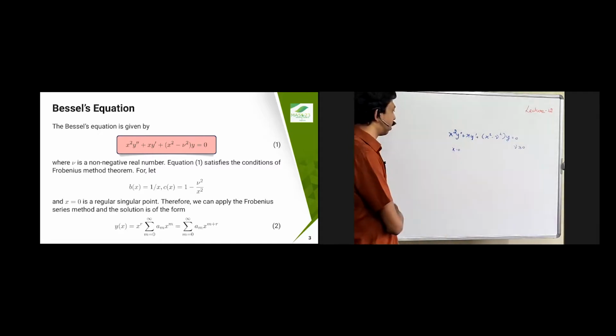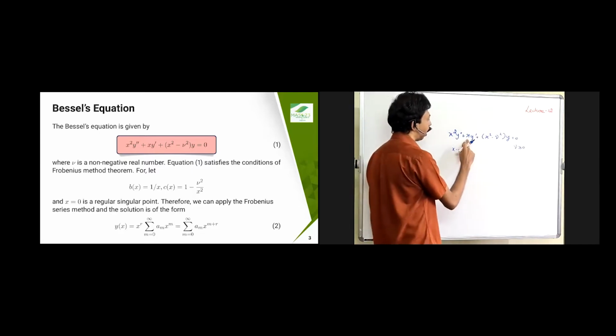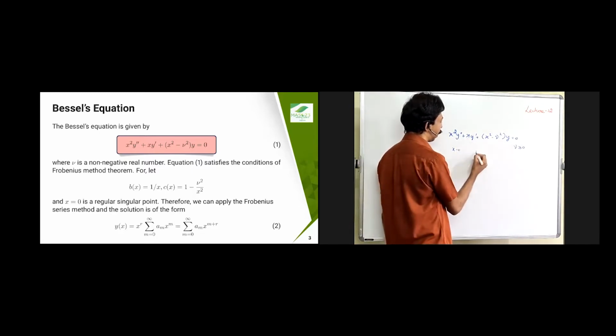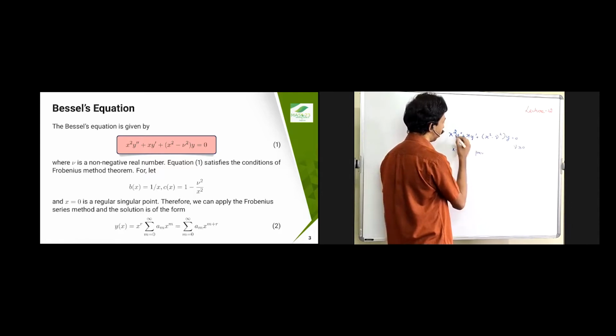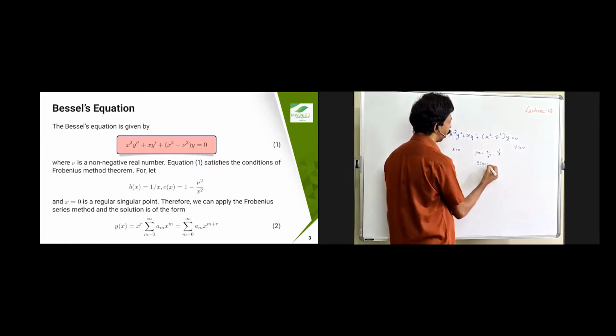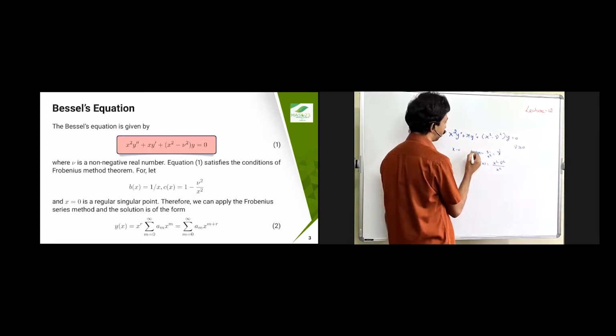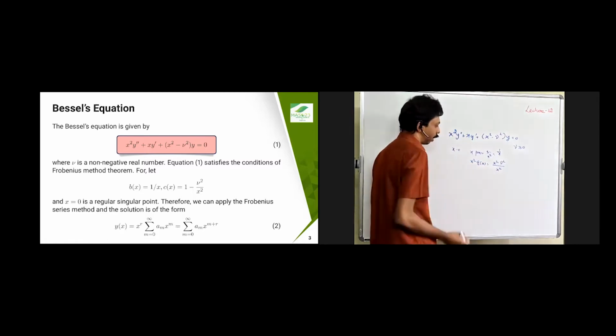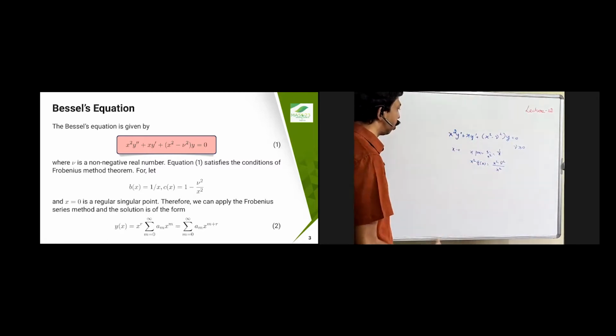It's a singular point, and you can verify that it is a regular singular point because p of x is x square by x square... rewriting, p of x is 1 by x, and q of x is (x square minus mu square) by x square. If I multiply p of x by x and q of x by x square, then we get analytic functions. Therefore, you can use the Frobenius method.